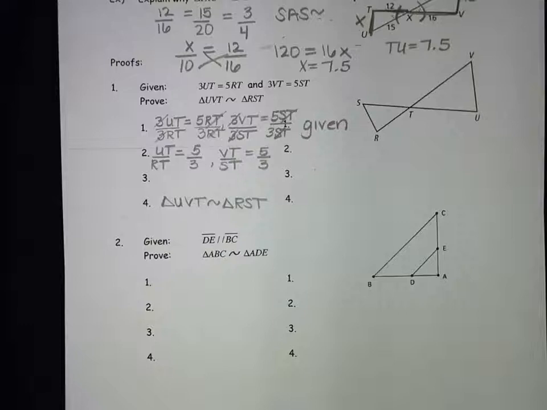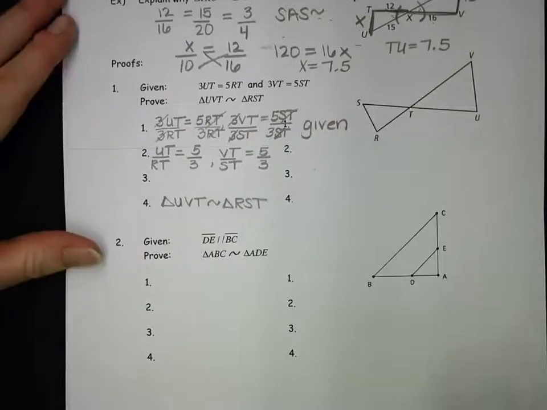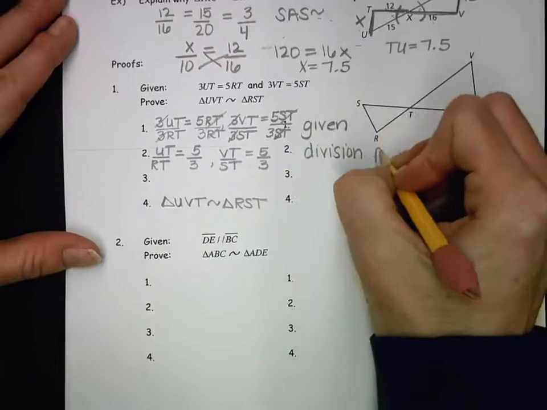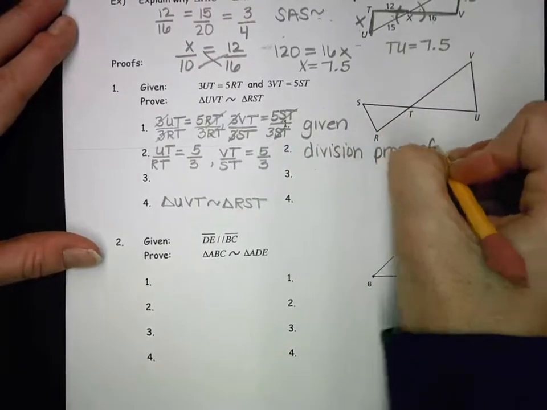Now, what is my reason for that? Well, if you take a look at what I did to both sides, we can say that they are equal because I divided both sides by certain numbers. So this is going to be our division property of equality.